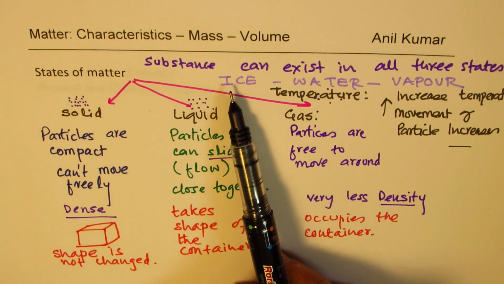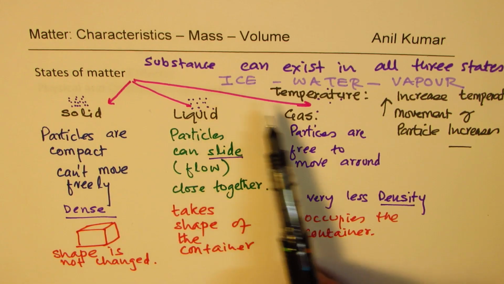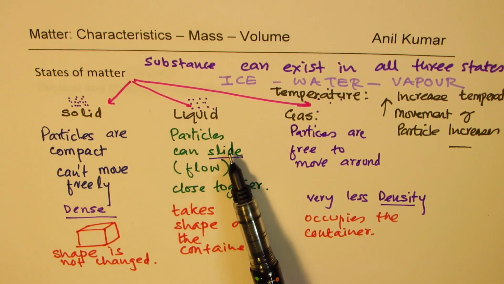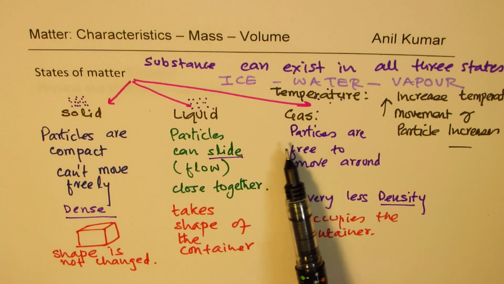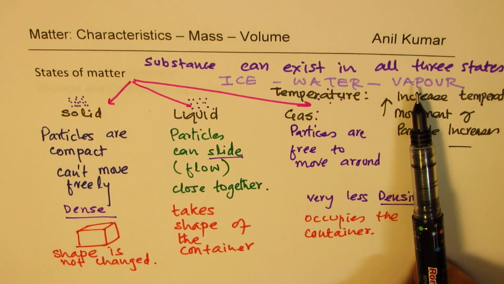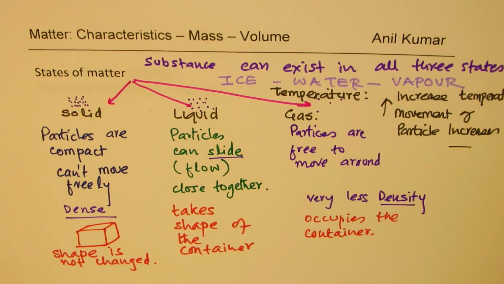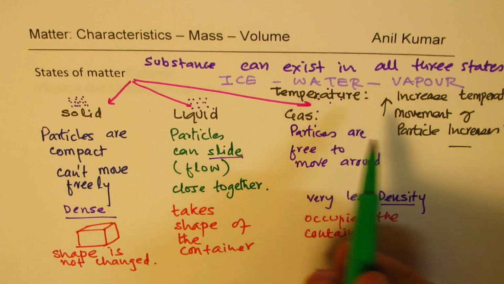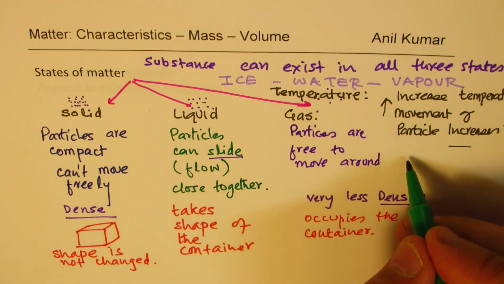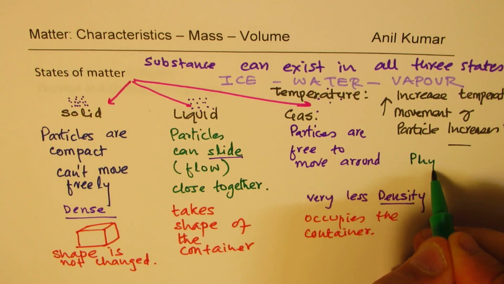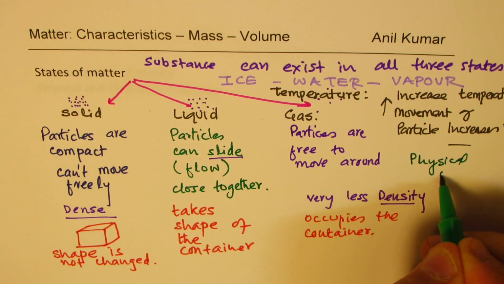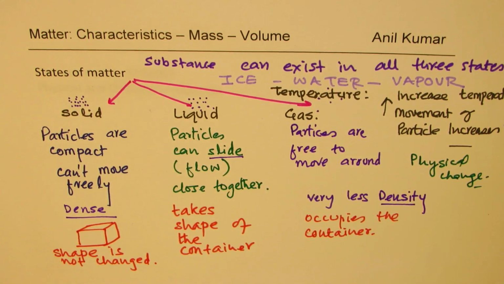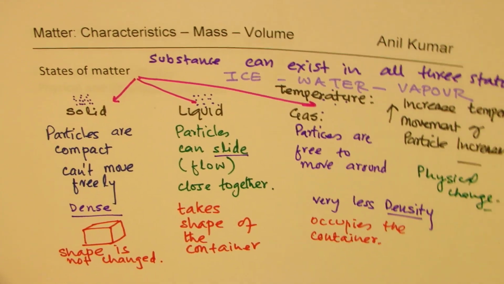So if you have ice, it cannot really flow, but when you heat it up, then the particle movement increases, it can slide, and if you further heat, it boils and changes the state to vapors. The reverse is also possible, correct? So the reverse is also possible, and since it can be both ways, it is a physical change. We'll talk about it soon. See how everything is related, correct? So I think we got a good overview of states of matter.